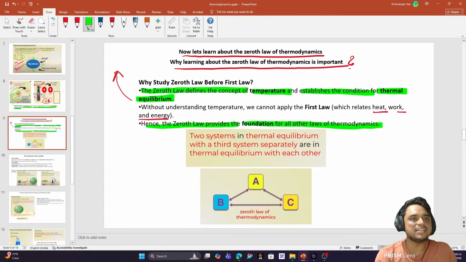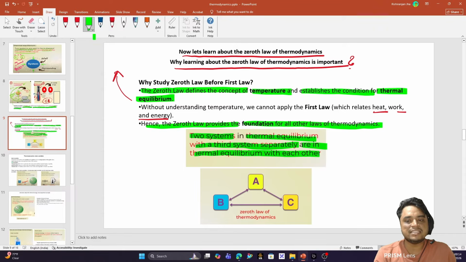So by the definition, you can see here, if two systems are in thermal equilibrium with a third system separately, then they are in thermal equilibrium with each other. Let's assume there are three systems: system A, system B and system C, right?